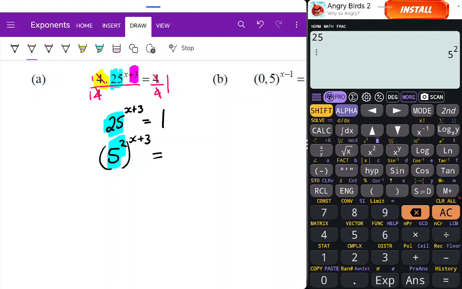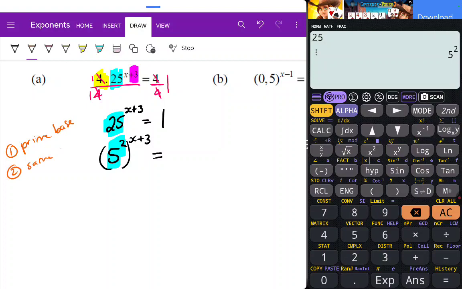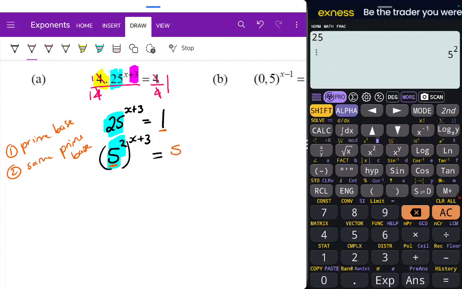Now, can I do 2 things in one go? Remember, we want to get 2 things that we did. The first thing we did was on the left-hand side, we did prime bases. And on the right-hand side, I want to get the same prime base. So now my question is, can I change 1 to 5? 5 to the power of what is equal to 1?